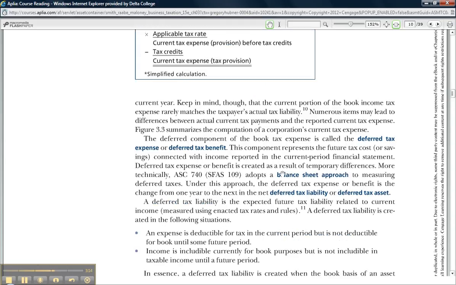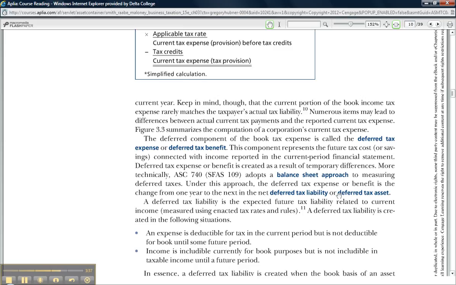There's a balance sheet approach taken by ASC 740, and you're going to have to read through this and try to make it make sense to you. Keep in mind, though, that deferred tax liabilities or assets only exist because something happened this year that is going to reverse in a future year.